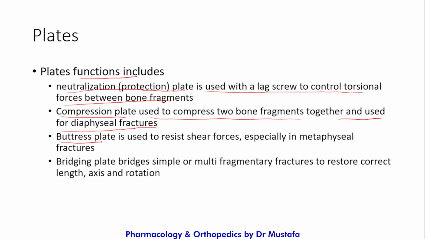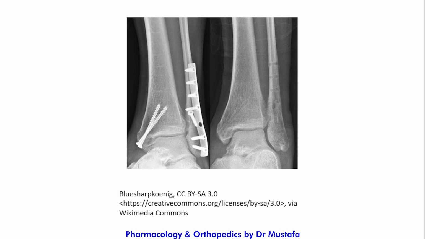We have the buttress plate that's used to resist shear forces, especially in metaphyseal fractures. And we have the bridging plate, which bridges simple or multifragmentary fractures to restore the correct length, axis, and rotation. This is an example of a fracture of the fibula and the medial malleolus.